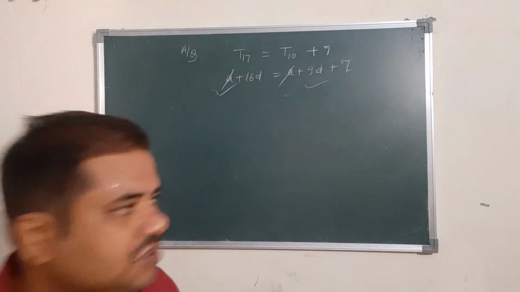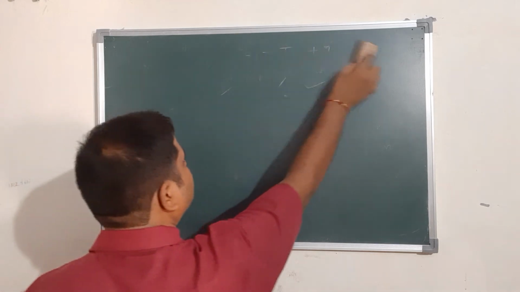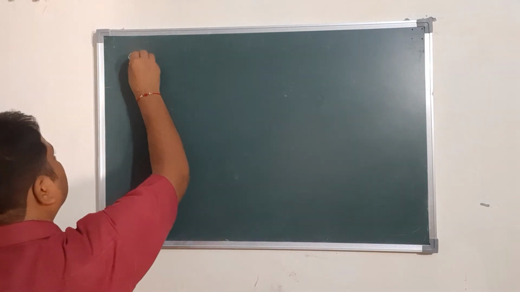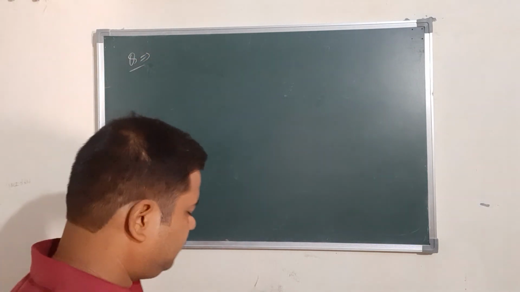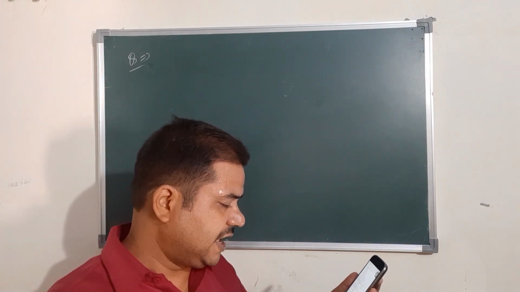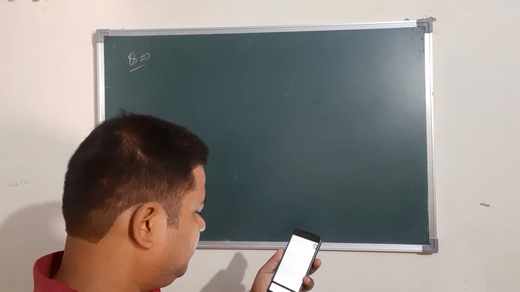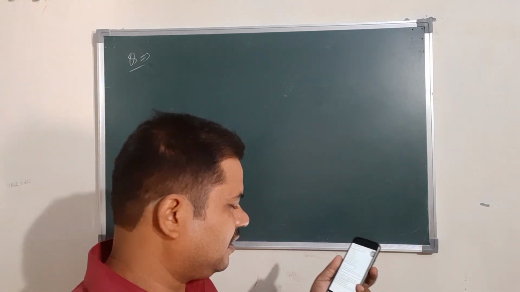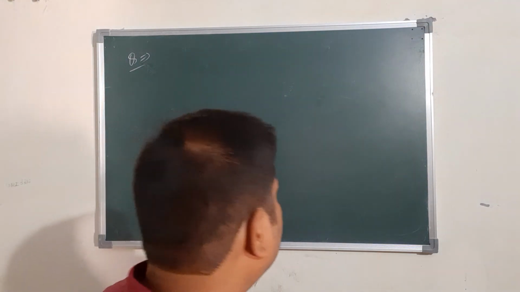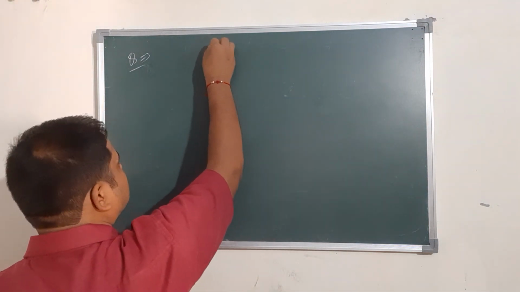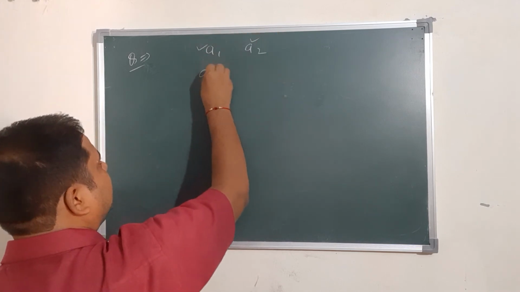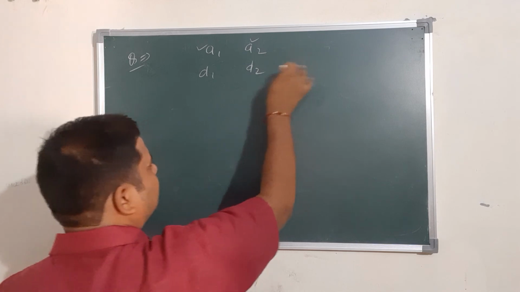You just see question number 12. There are two APs having the same common difference. The difference of their 100th terms is 100. Then what is the difference of their 1000th terms? So suppose A1 and A2 are the first terms of these APs, and D1, D2 are the common differences.